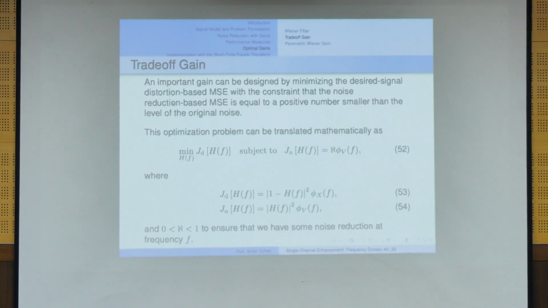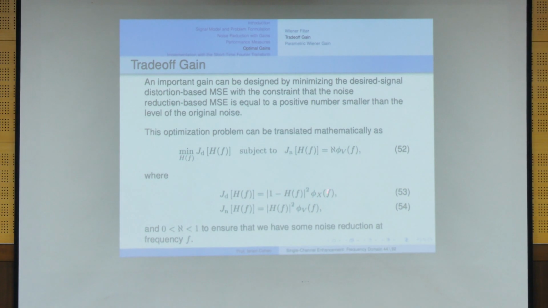So the trade-off gain, also similar to the time domain, but instead of working with the MSE, we define a different problem. We try to minimize the MSE-based signal distortion, J_D, because we know the MSE is composed of two components.